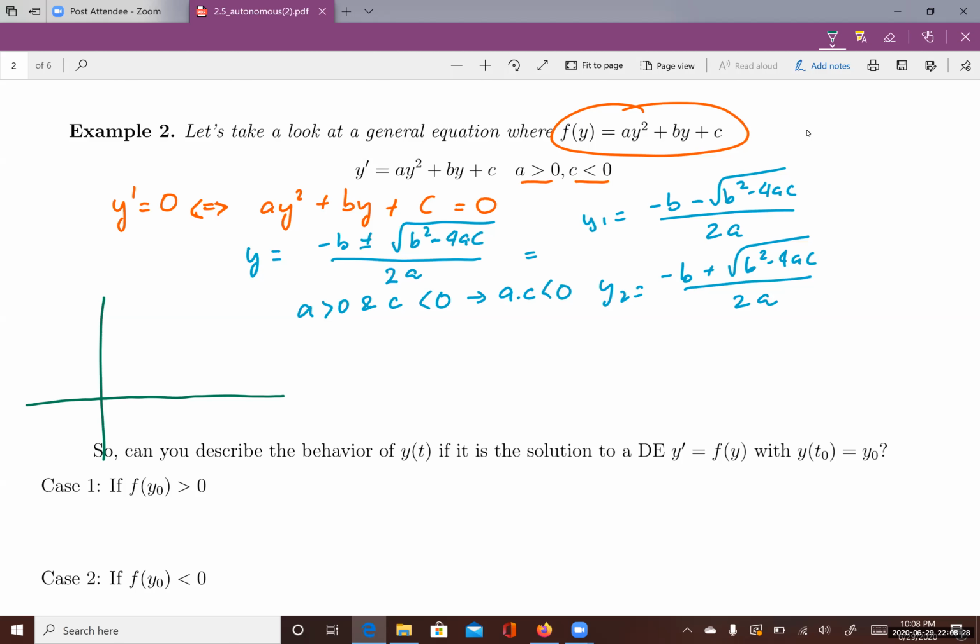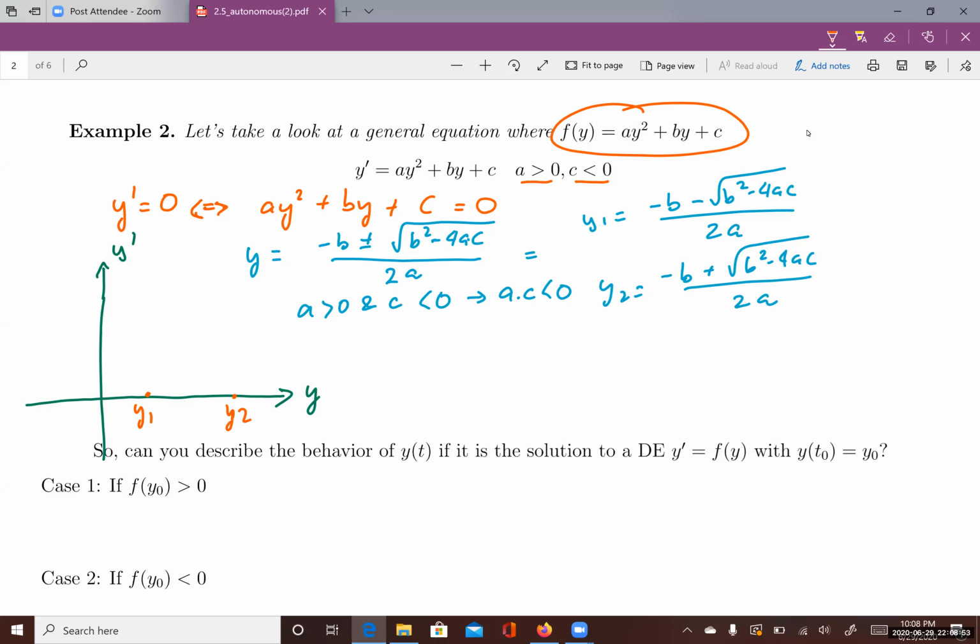Since this is a parabola, we can try to graph the relation between y and y prime. A is positive, which means this is an upward parabola, and you have two real values. I imagine this is y1, the smaller value, and y2 is the bigger value.